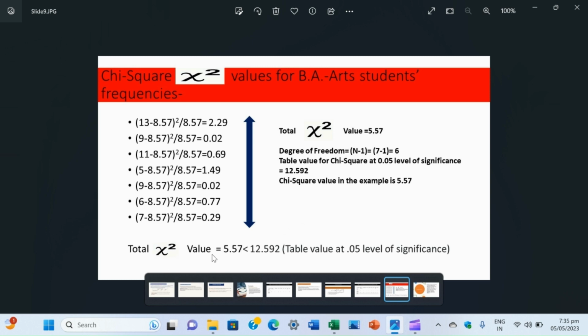Hence, the chi-square value which we get is 5.57 and it is less than 12.592, the table value at the 0.05 level of significance. It means it is not significant.